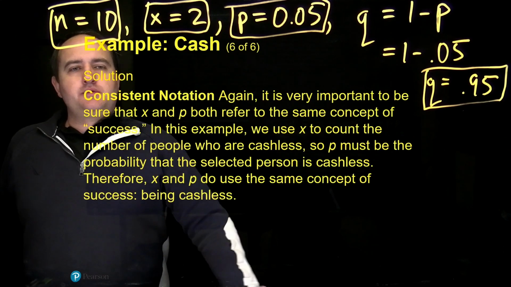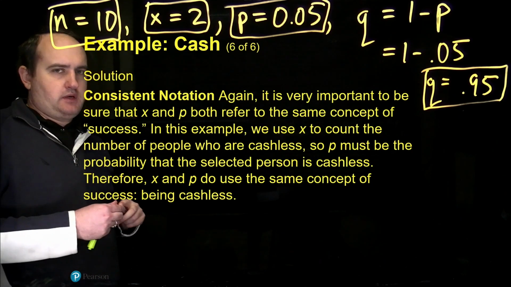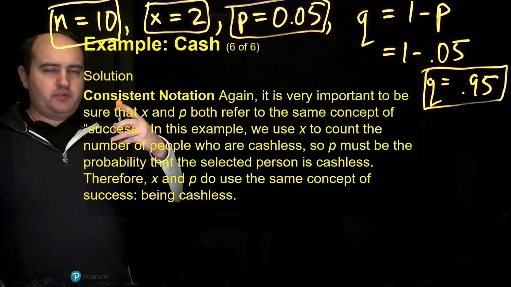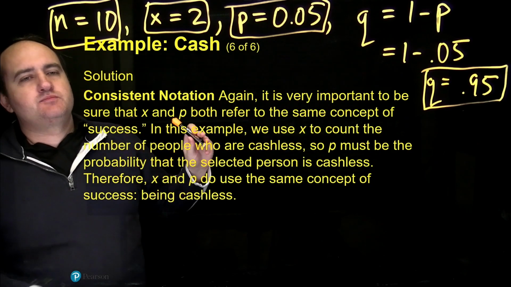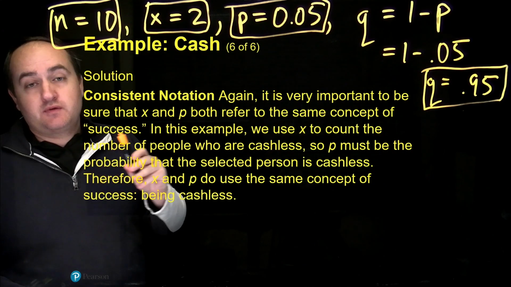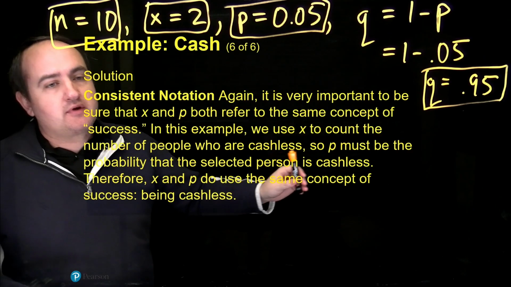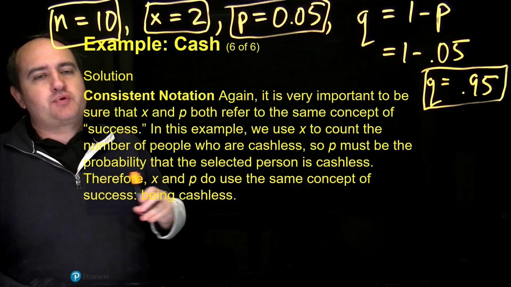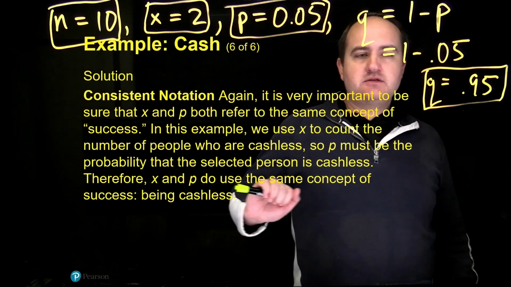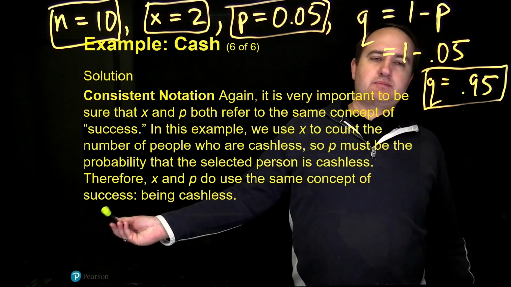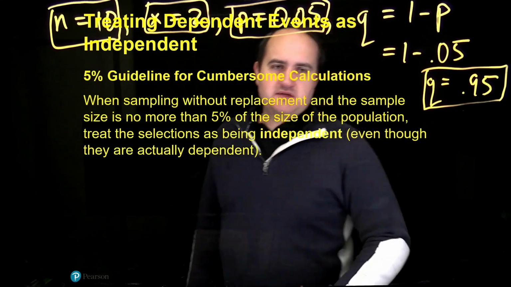Consistent notation: it is very important to be sure that X and P both refer to the same concept of success. In this example, we use X to count the number of people who are cashless, so P must be the probability that the selected person is cashless. Therefore, X and P use the same concept of success, being cashless.